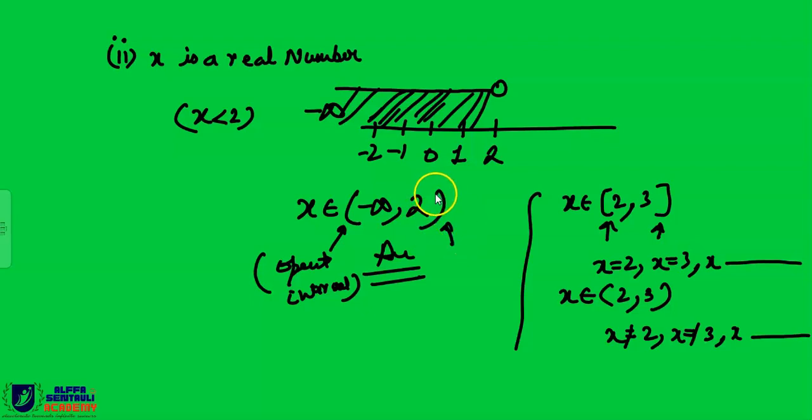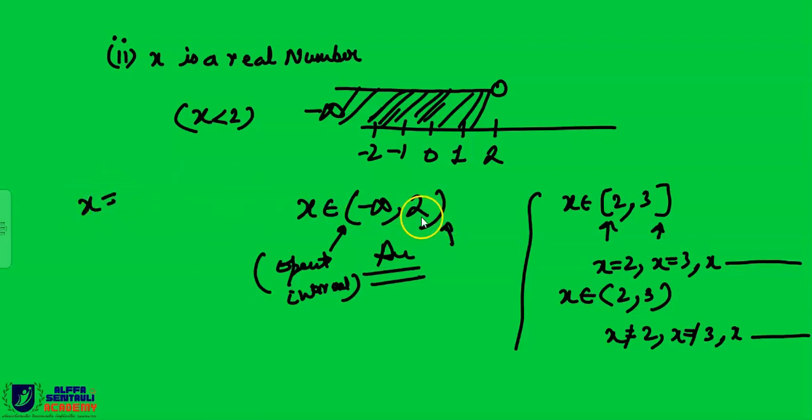That is how you come to know whether I am taking 2 or not. This is the way of representing it: if I use this type of bracket, it means I'm not taking 2 in my solution, I'm not including 2 in my solution. I have to take all the numbers lying between minus infinity and 2, right? Correct? So what do you mean by this?